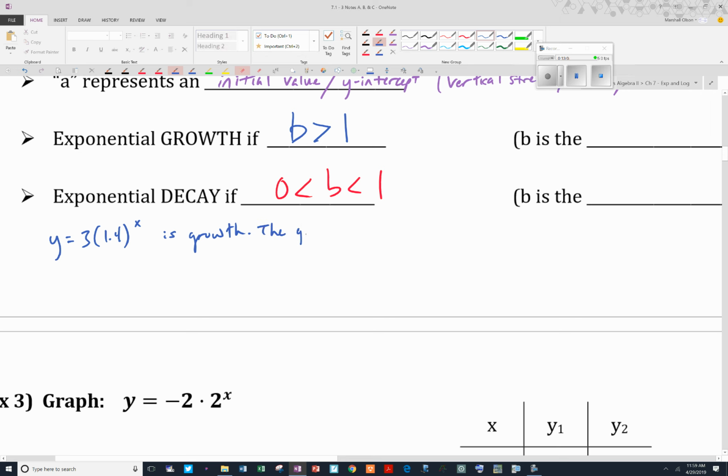The growth rate is, I haven't even thrown this definition out there yet, the rate that it's growing. How much bigger is that base than 1? 0.4. That means that it's growing at a rate of 40%. Or you could just say 0.4.